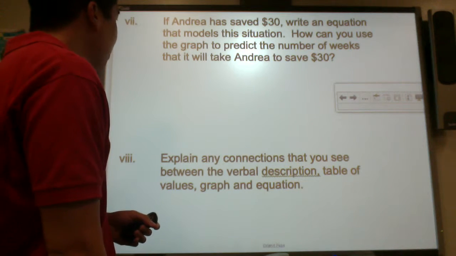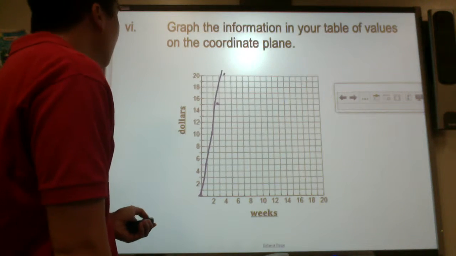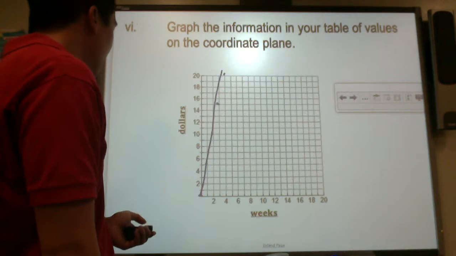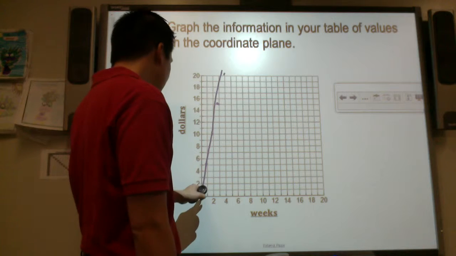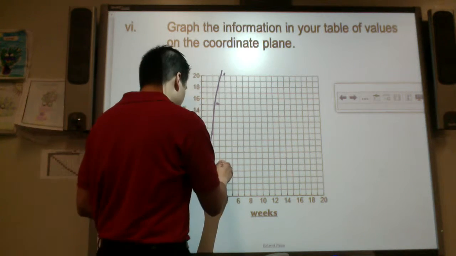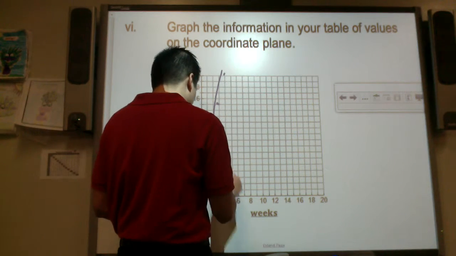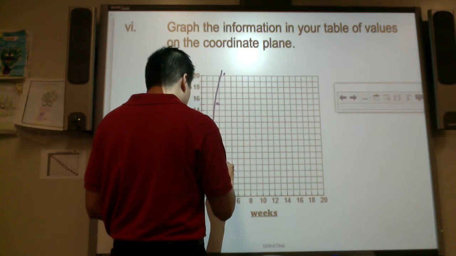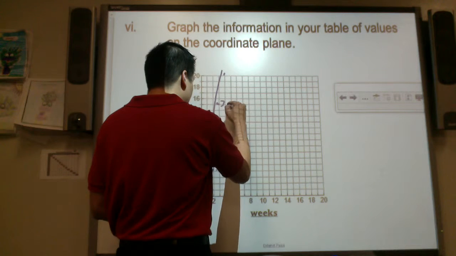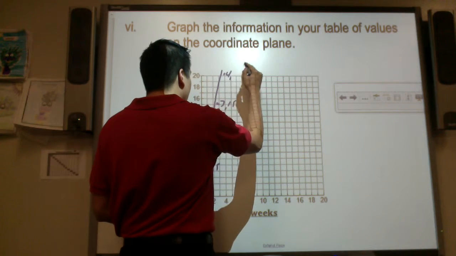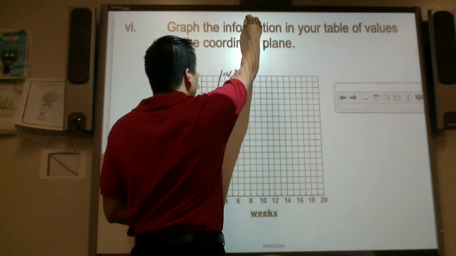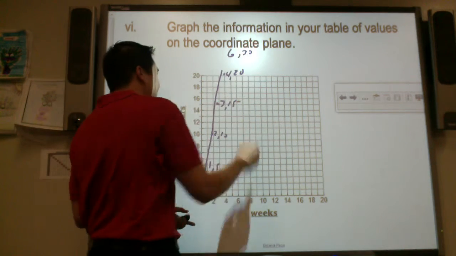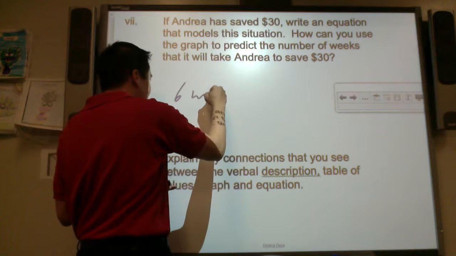If Andrea had saved $30, write an equation that models the situation. How can you use the graph to predict? Well, let's think. 1 week is 5, 2 is 10, 3 is 15, 4 is 20, so I know it's going to be up here: 5 weeks is 25, 6 weeks is 30. So 6 weeks.